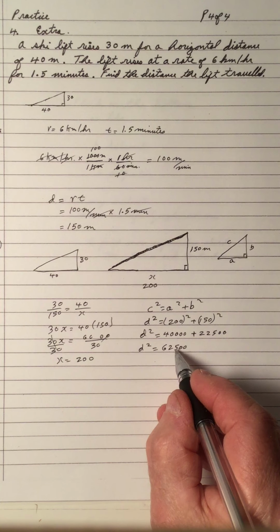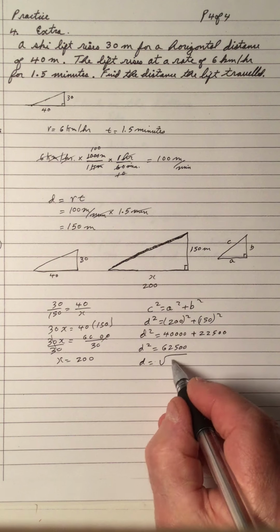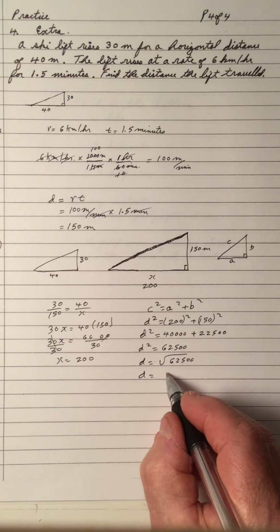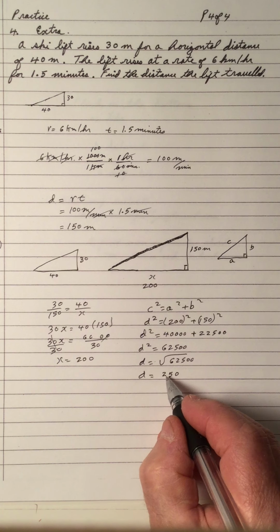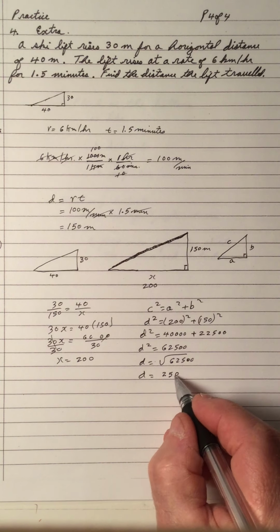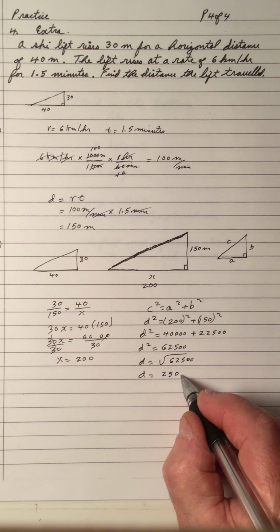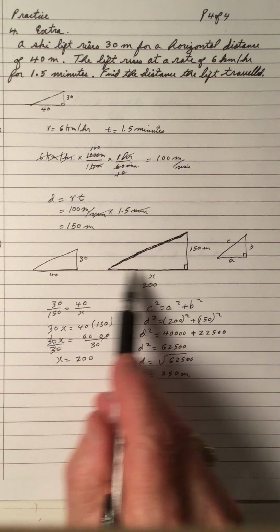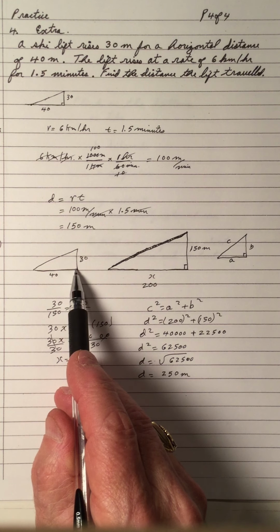So D squared is 62,500. D is the square root of 62,500. The square root of 625 is 25, and 2 zeros gives you 10, so it's 250. So 250 meters.